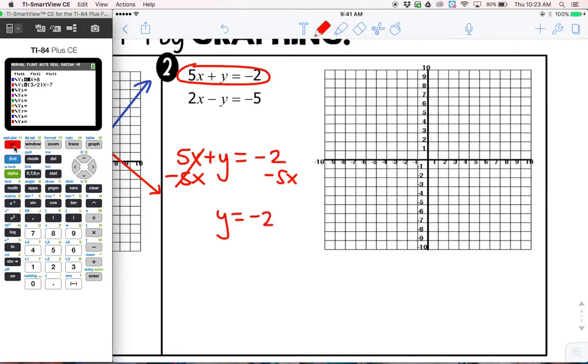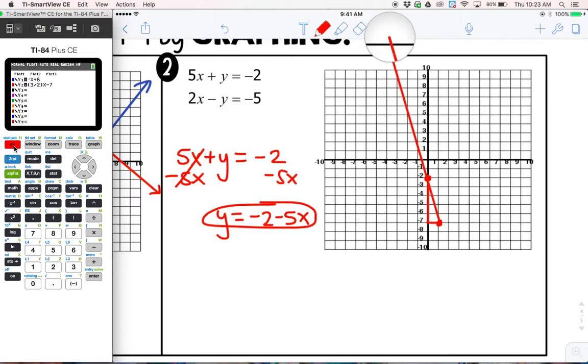So I got negative 2 minus 5x. This is the one I'm graphing. I'm going to start with a negative 2 because that is my y-intercept. And my slope is negative 5, so we're going down 5, right 1. Okay, so here is my line.